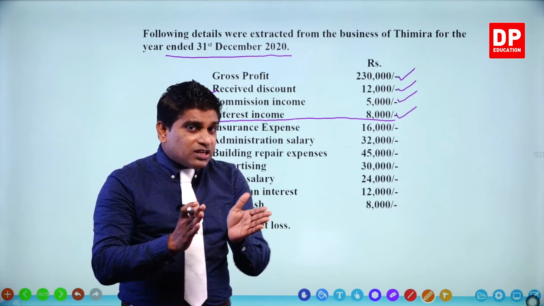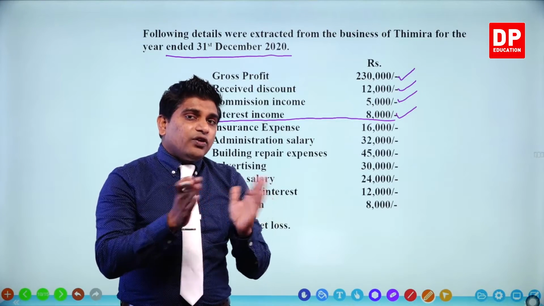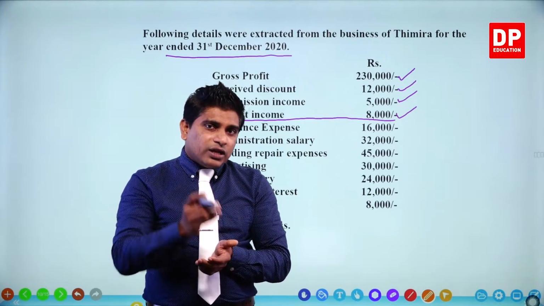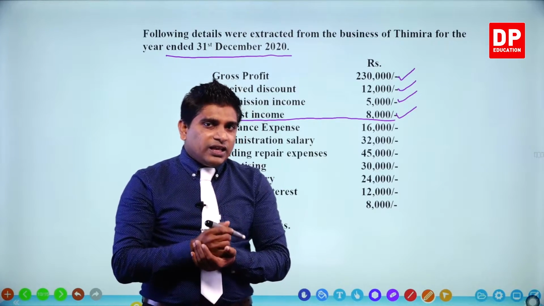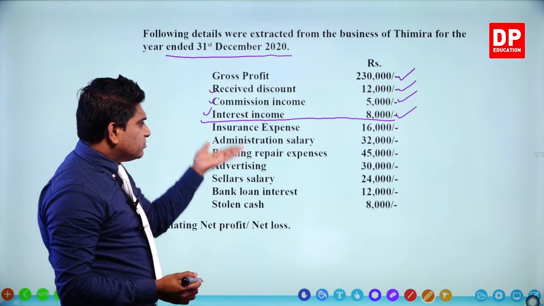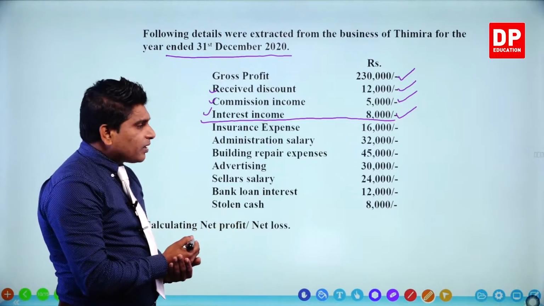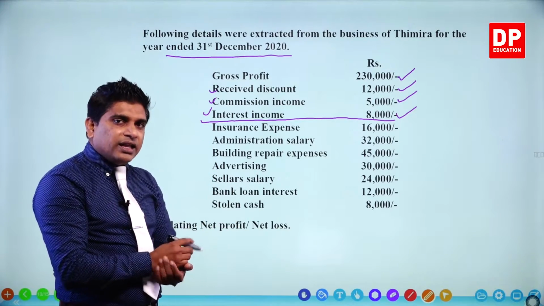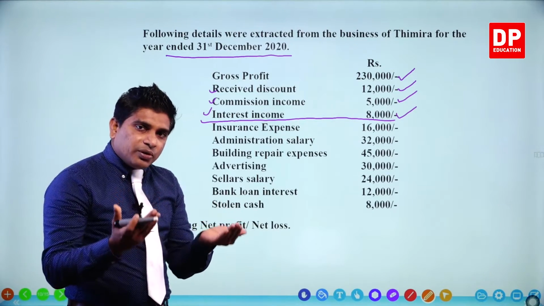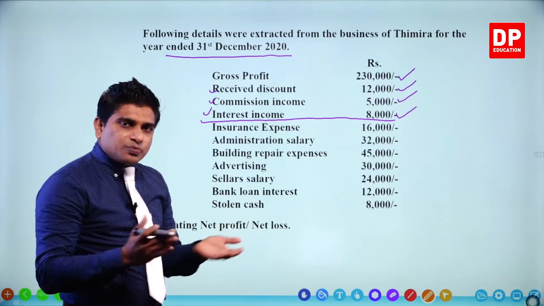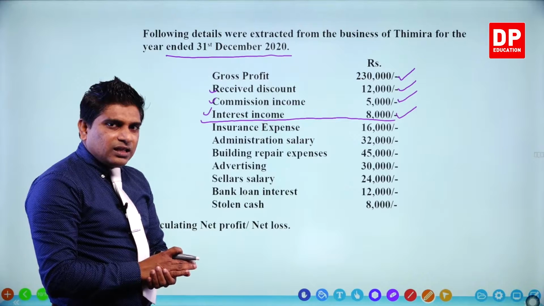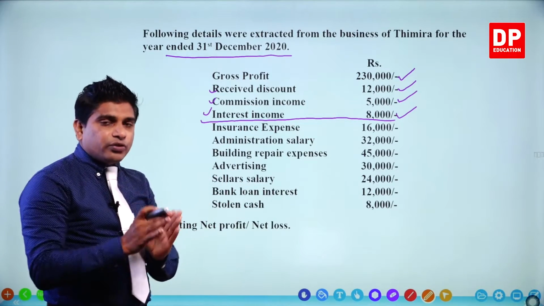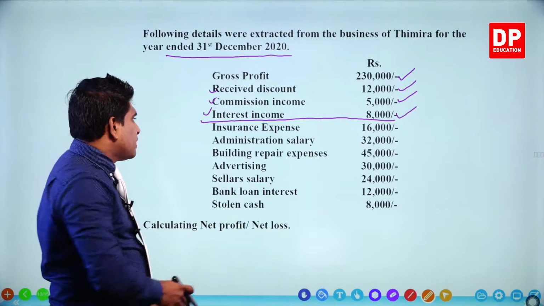Before we do the question, it's easy if you classify, right? You take the pencil now and keep your textbook, and in front of each item you mark with pencil which category all the expenses are going to. Administration, distributing, financial, or other expense category, right? If you classify them before we do the question, it's easy for you when you do the question.